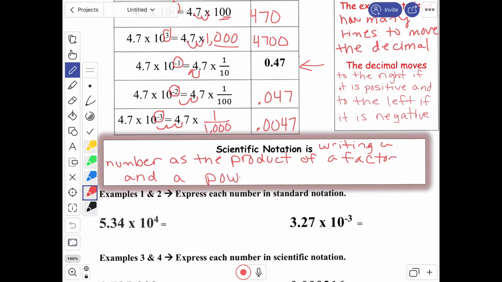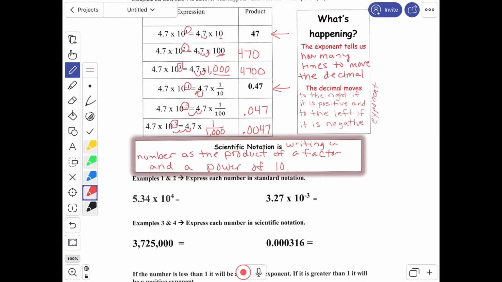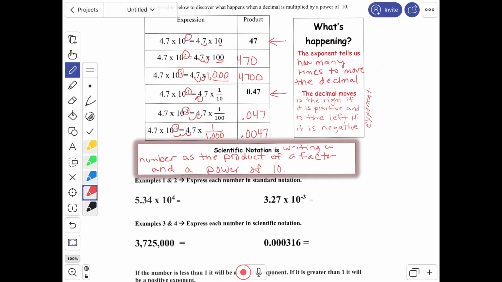Writing a number as the product of a factor and a power of 10. And this comes in handy typically in science when we're dealing with really large numbers or really small numbers.